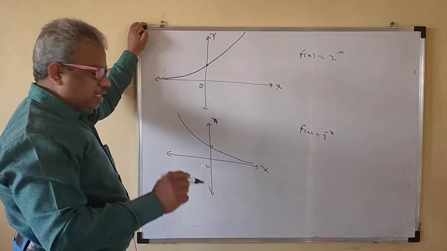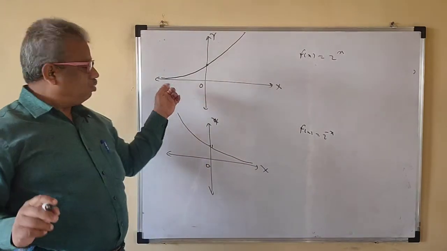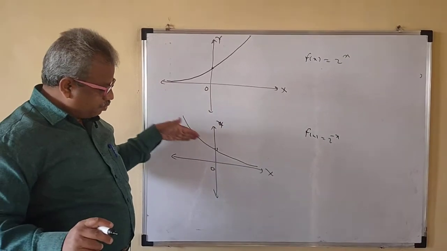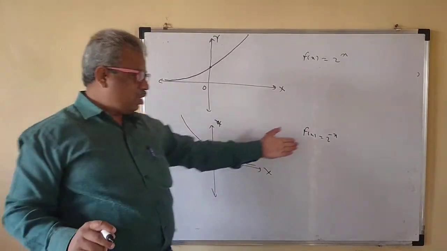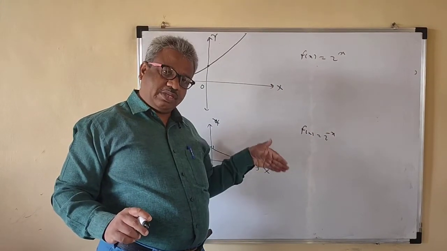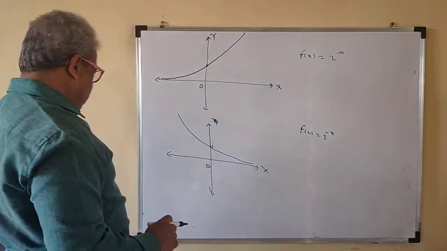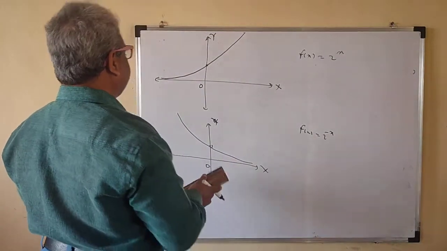That means it will not touch the x-axis, but approximately it goes to 0. 2 to the power minus infinity. As x tends to minus infinity, it tends to plus infinity. So this is the graph of 2 raised to minus x.